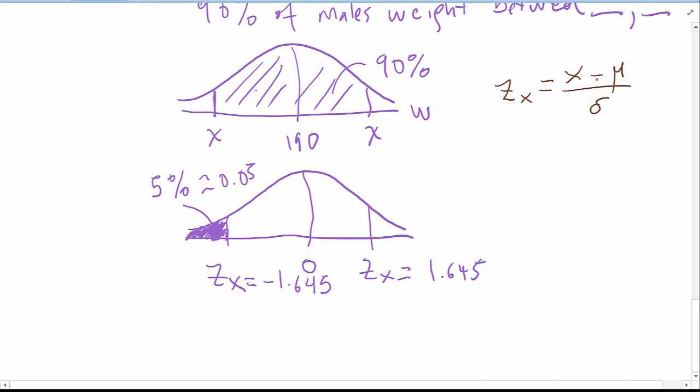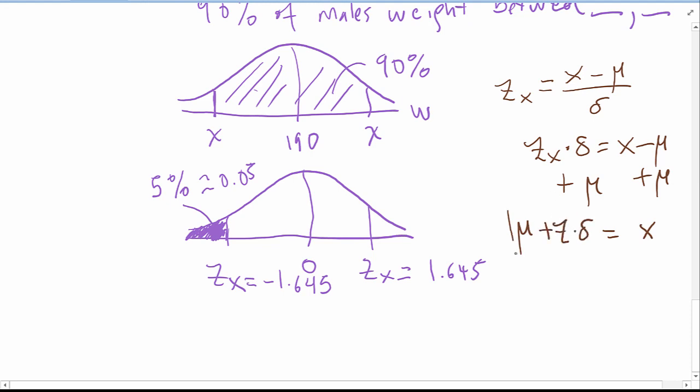If we multiply both sides by sigma, we get that the z-score of x times sigma, the standard deviation, is the difference between the value and the mean. And if we add the mean to both sides, we get that the x value is really the mean plus z-score of x times the standard deviation. So we have another formula.